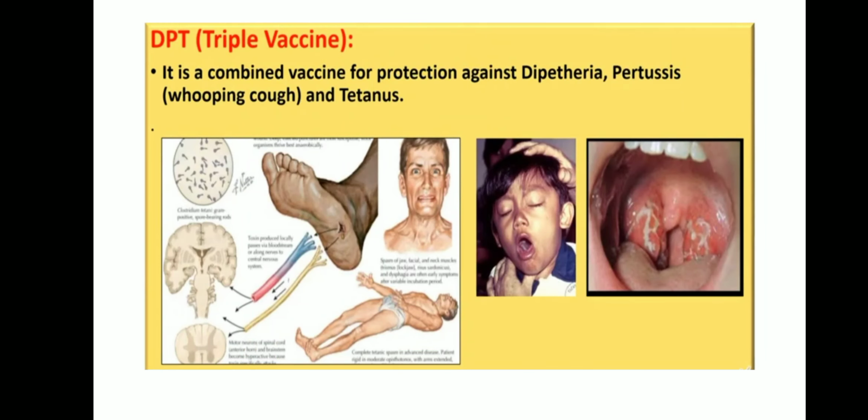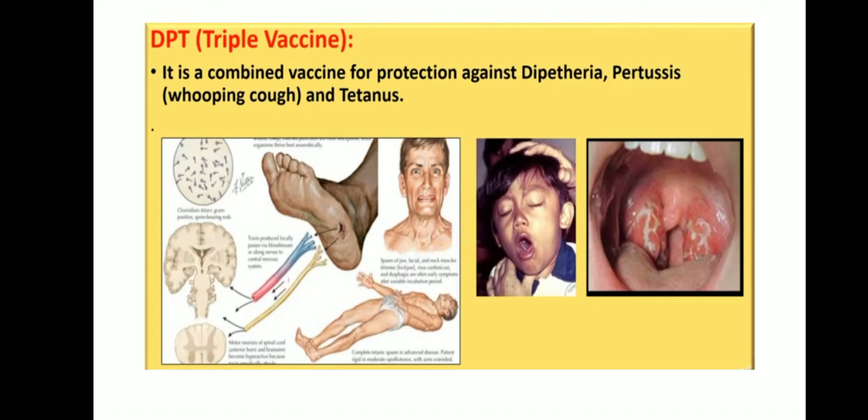Next vaccine, triple vaccine. Why triple vaccine? DPT. This vaccine is given against diphtheria, pertussis and tetanus. Diphtheria means an infection in the throat as well as the nose. Then pertussis, that is also a respiratory tract infection only, whooping cough we say.